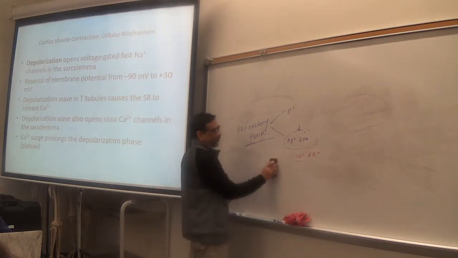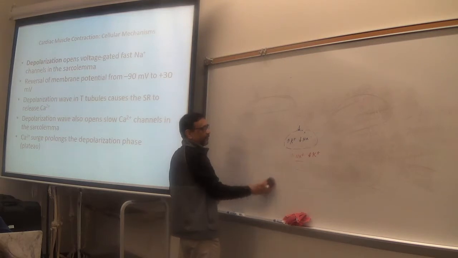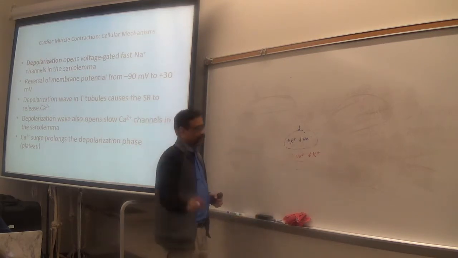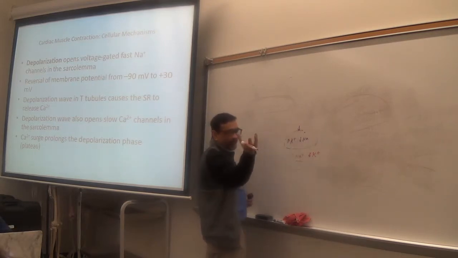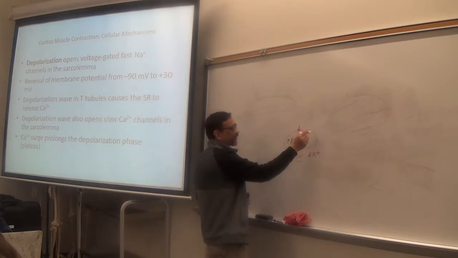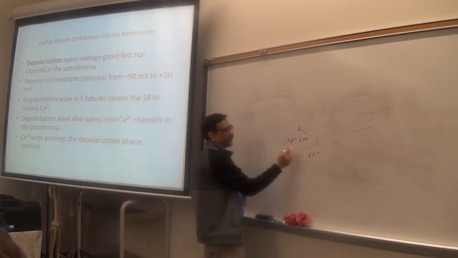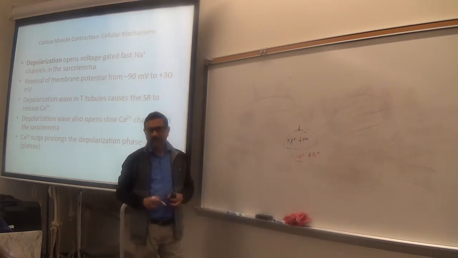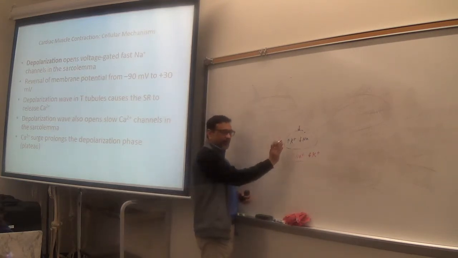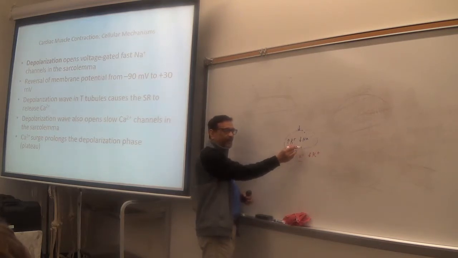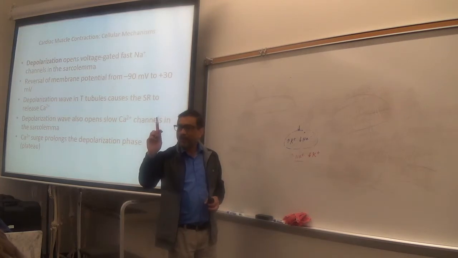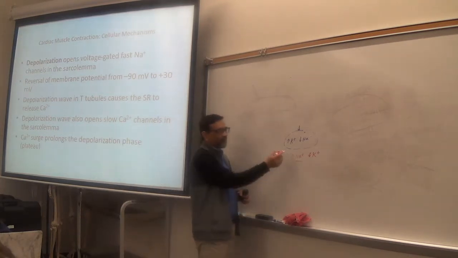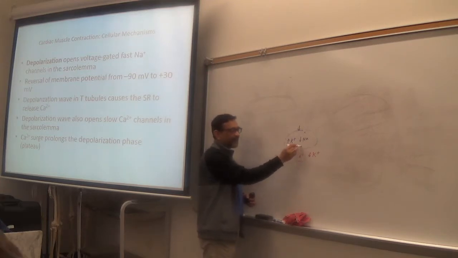We talked about this before when we talked about the neuromuscular junction. Okay, now when the signal comes that the heart muscle will contract, what happens? The sodium channels get opened in the cell membrane. Now you tell me, this is an easy question. If the sodium channel gets opened, which way will the sodium move? Chemicals always move from high to low, right? So from outside to inside, sodium will get in.